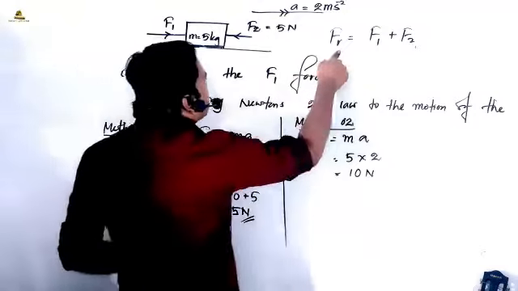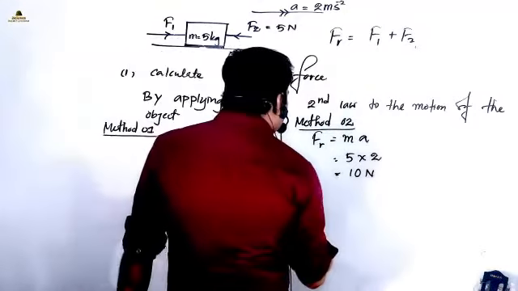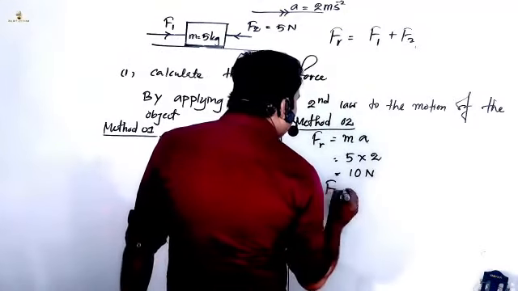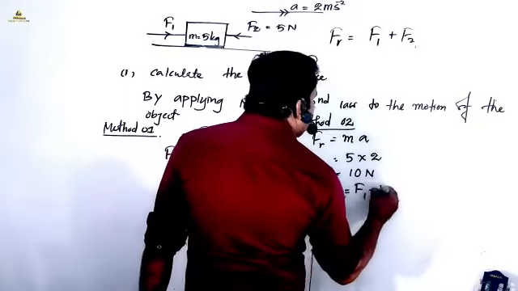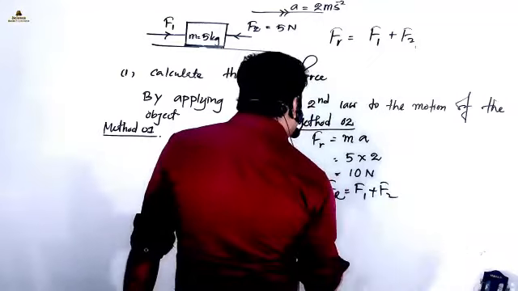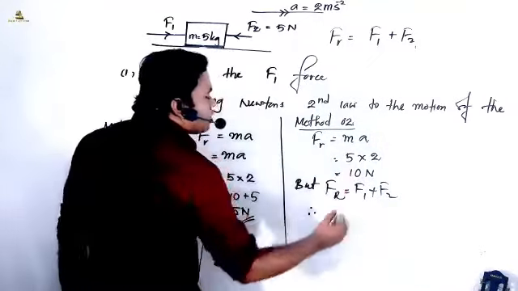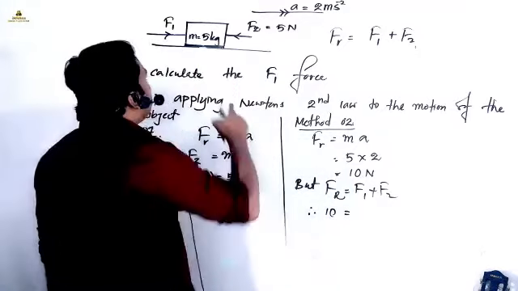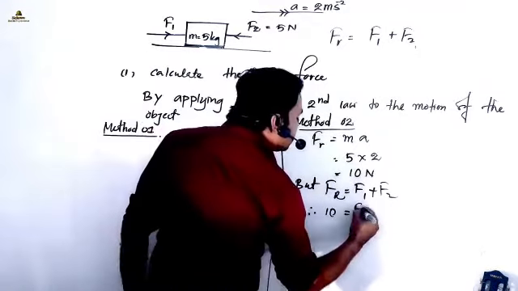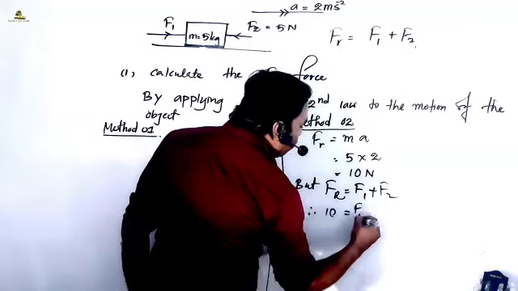But you know that F resultant equals F1 plus F2. Therefore, F resultant, as you have calculated this 10 newtons, 10 equals F1, which is to be calculated, so you keep that as F1.